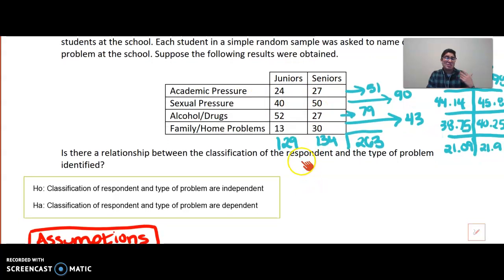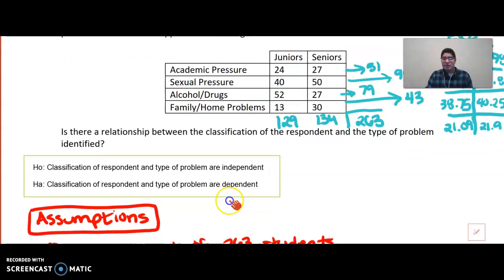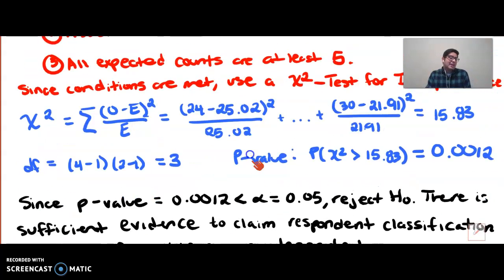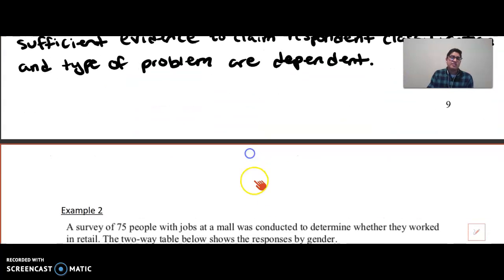But currently, since I rejected the null, that's going to show me that each of these pressures has a different weigh-in in terms of problems addressed by our students here. So it's not that each of these problems is faced equally, but some problems might have more pressure on students than others. Alrighty. So that's just an example of our chi-square test.